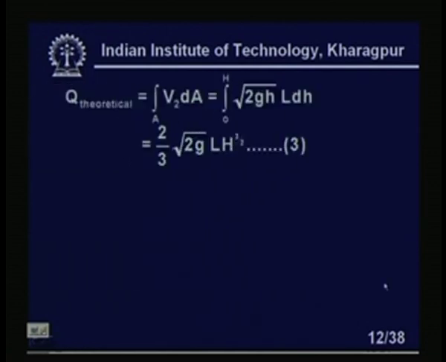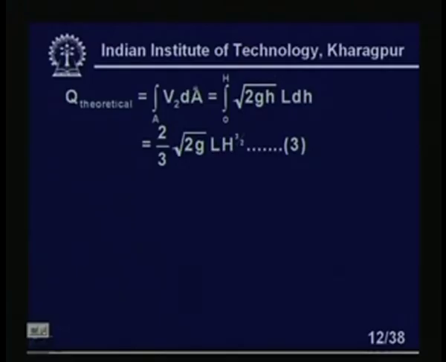We can write Q theoretical, the theoretical volume flow rate, equal to the integral of V 2 into dA. It is meter cube per second, because the velocity is meter per second and the area is meter square. So, if I convert, it will be root over 2 g H, as we have already seen, multiplied by L dH.